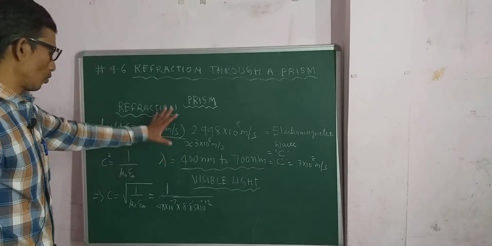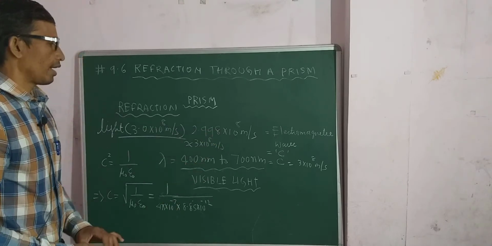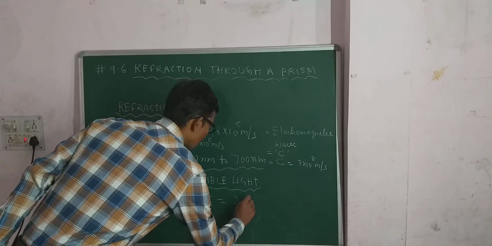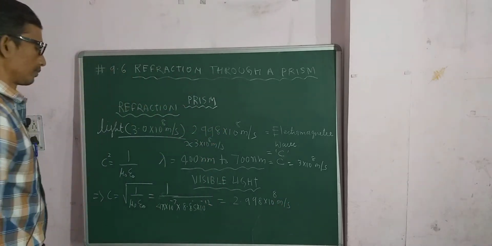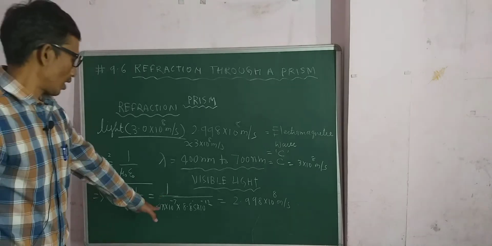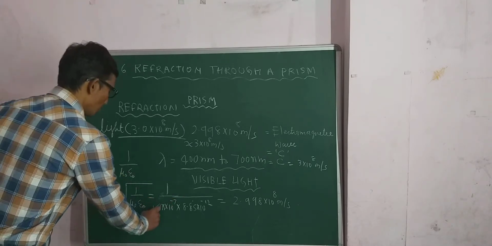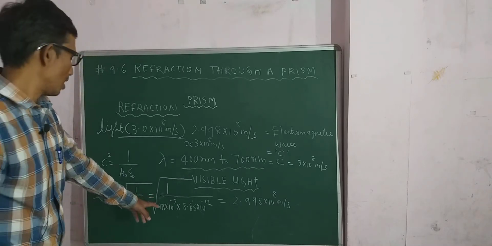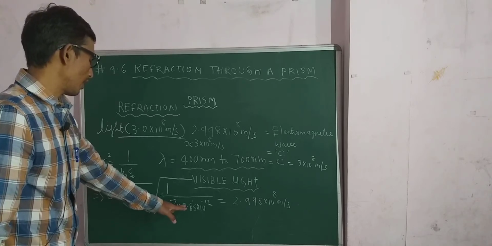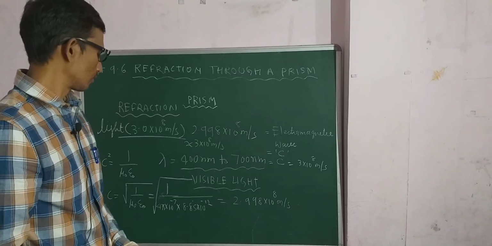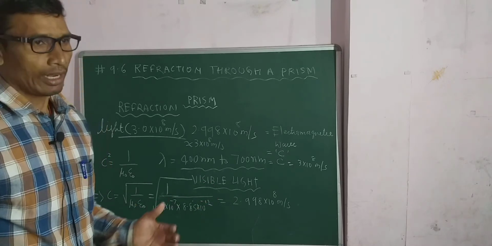We are not going through the full calculation; after putting pi as 3.14, C equals under root of 1 upon 4 pi into 10 to the power minus 7 into 8.85 into 10 to the power minus 12, which gives 2.998 into 10 to the power 8 meter per second. This electromagnetic wave is called C, and C is the light.